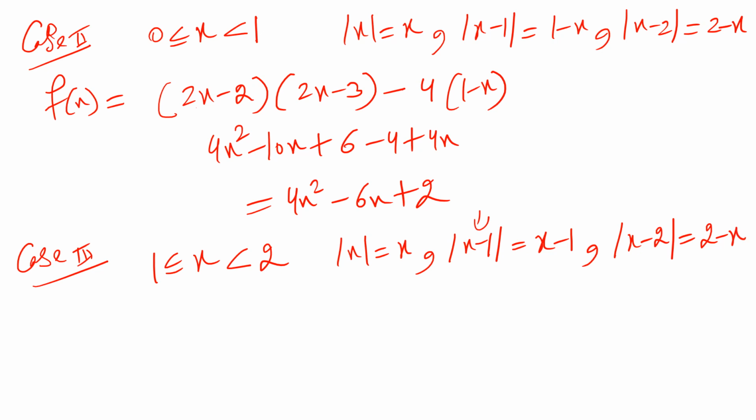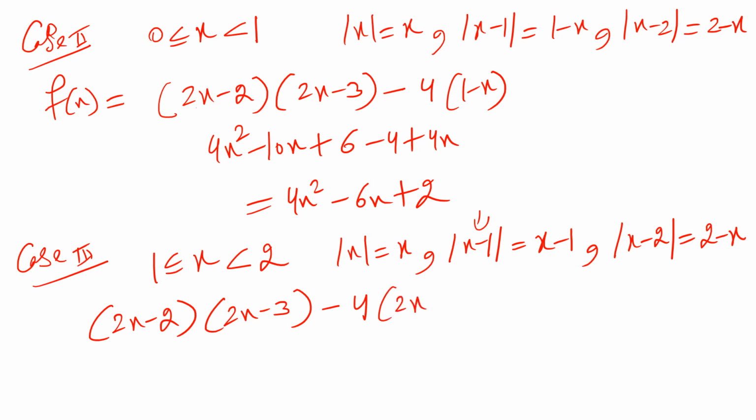Now let us put in all of these values to get the value for the function. Here we get 2x minus 2 because it is x minus 2 minus x or x plus x minus 2, into 2x minus 3, minus 4 times. Now here it is going to be x minus 1 plus x minus 2.